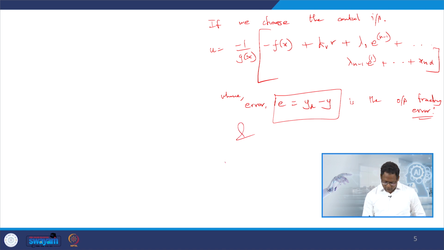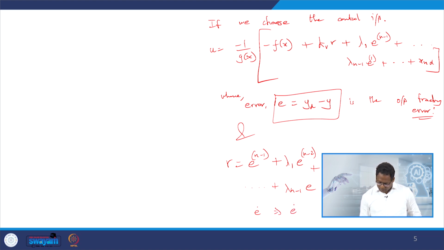And let us consider r equal to E of n minus 1 derivative plus lambda 1 E of n minus 2 derivative plus, up to, lambda n minus 1 E. So, I indicate that E dot is represented by e power 1. So, the power indicates the derivative.